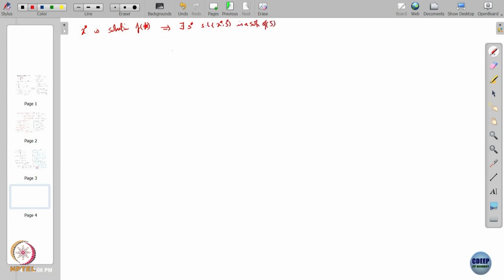And likewise, if x star, s star solves phi, then x star is a solution of star. Okay. So, this is how you can go back and forth, and in fact, moreover, the optimal value of star would be equal to the optimal value of phi.